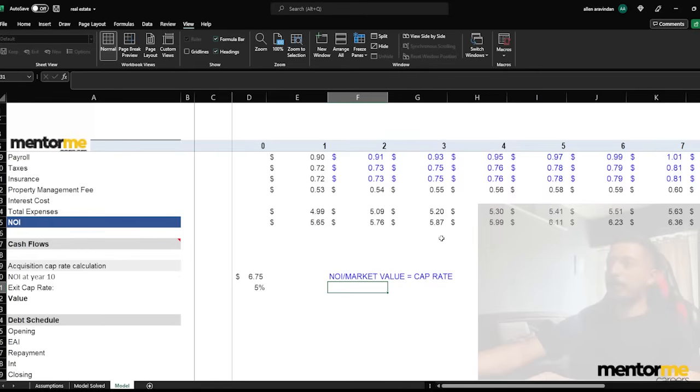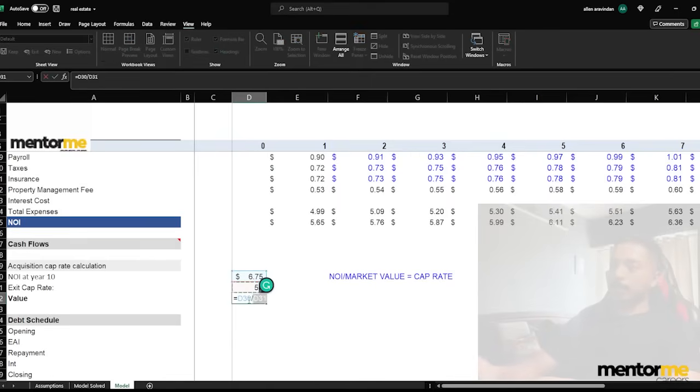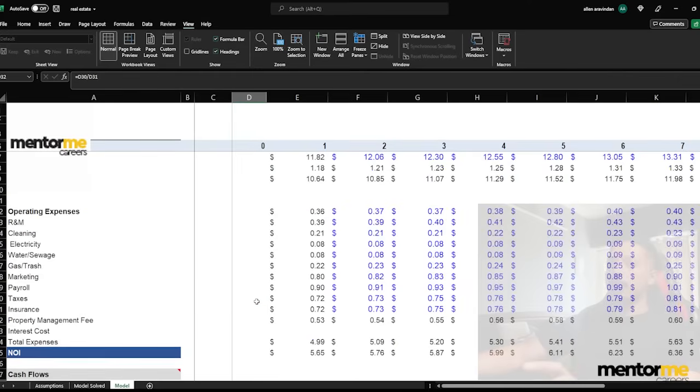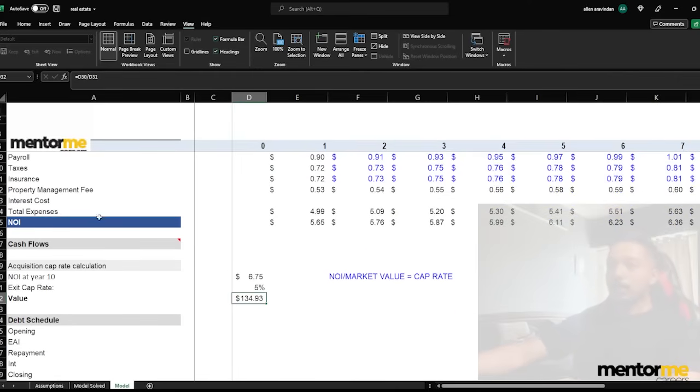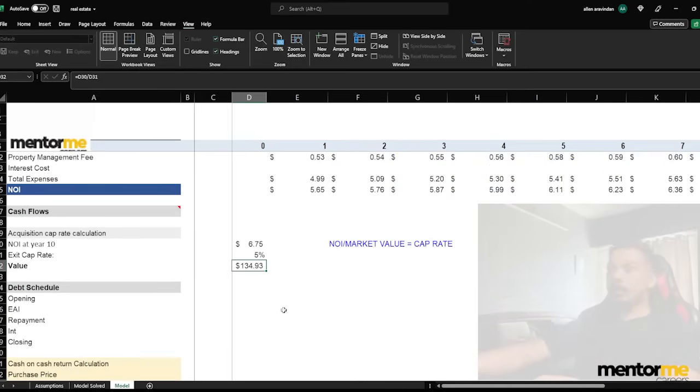We can take the market value to the right and divide the NOI by the cap rate, and that will give us the market value. So it's nothing but a reverse calculation, right? So that's about 134 million. So at acquisition, that is where the calculation will all come up: at what rate we have acquired the property and at what rate we are intending to sell, right?